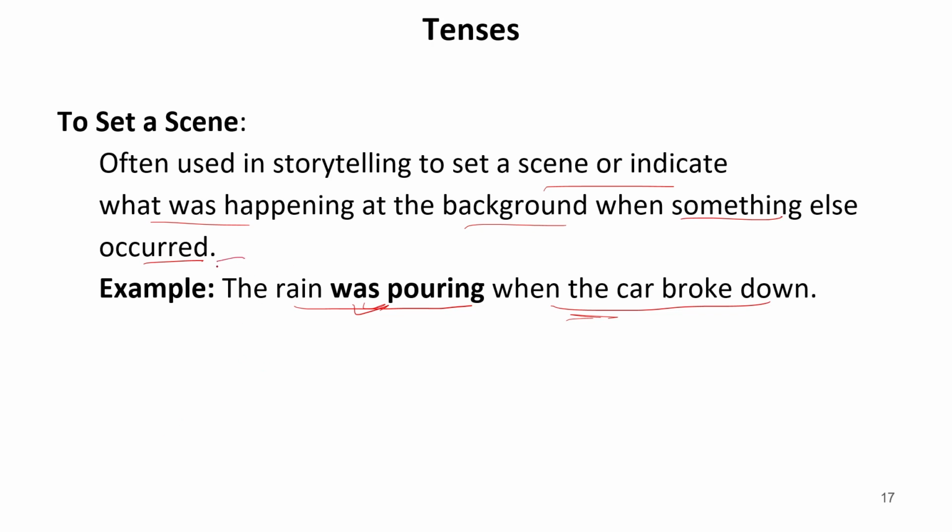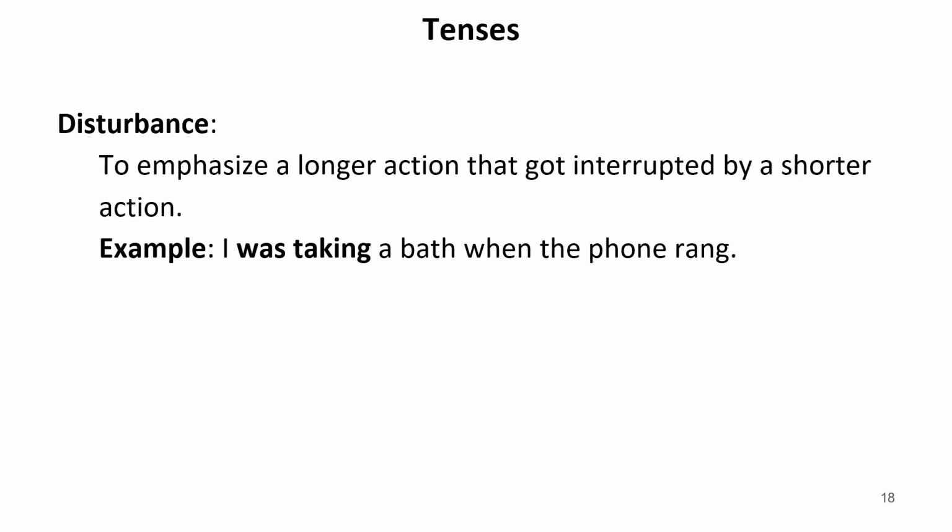So this is actually setting the background of the story or of the scene. I was reading a book when I saw the man. So I was reading a book. That was the scenario that was going on, that was the work that was going on. So it can be shown in the past continuous tense.